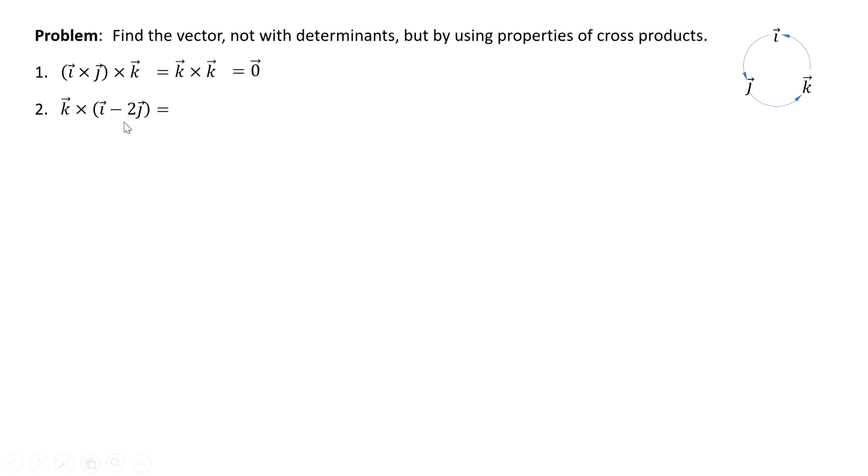2. k cross i minus 2j. Well, can we apply the distributive property? k cross i minus k cross 2j? Yep. So this is k cross i minus 2 times k cross j. k cross i goes along the grain, so we get positive j. k cross j goes against the grain, so you should get negative i.